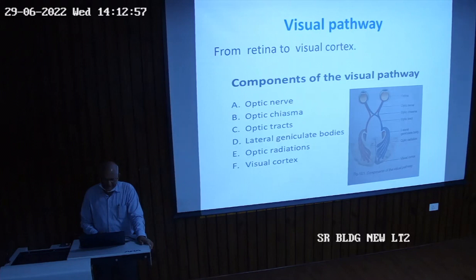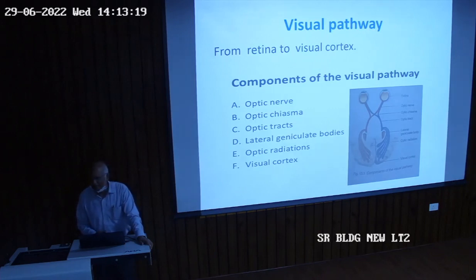This is the temporal part. This is the nasal part, and this blue color, the nasal fibers, they cross. That is why they are different colors. Here are the nasal fibers. There is blue. They cross toward the opposite side. The red color. So blue and red. It means nasal fibers are crossing to the opposite side.